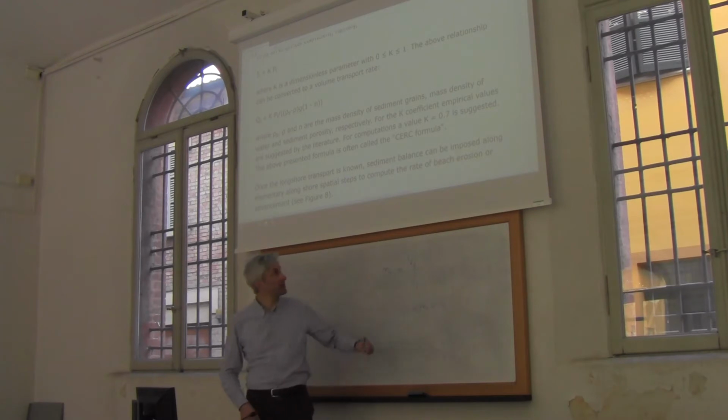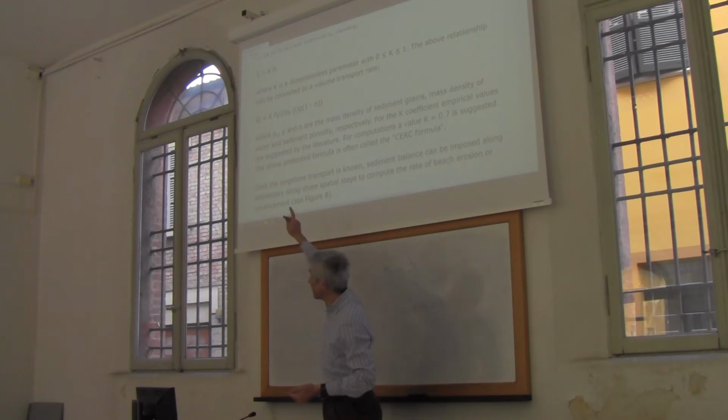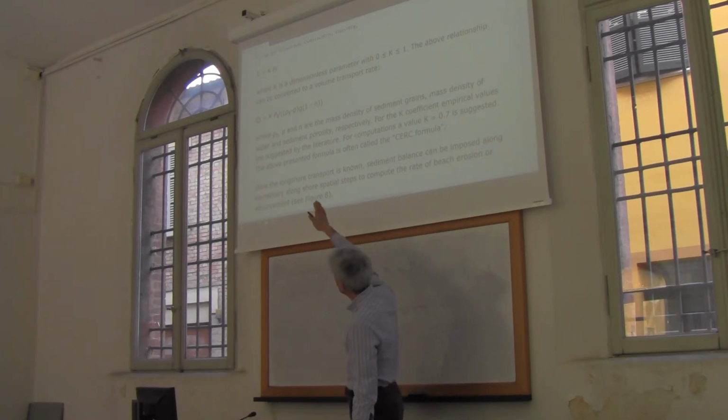So in order to get the volume sediment transport rate, you have to take, of course, the product between P, L, and K, and to divide it by what you see in the right part of the equation that takes into account mass density times G, which is the specific weight.